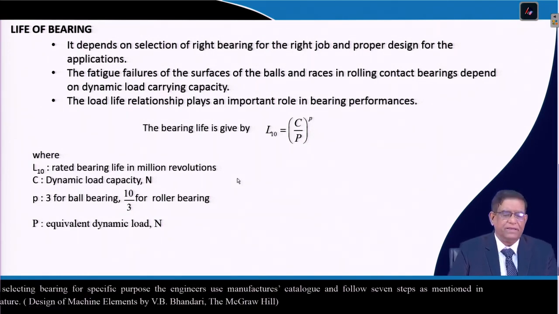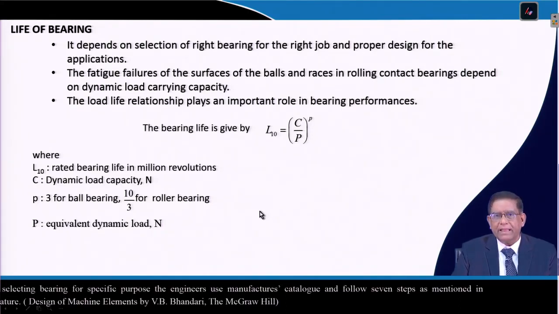The life of a bearing is affected by the dynamic load capacity, and it will be different for ball bearings and roller bearings. Normally, the life of a roller bearing is slightly higher, because the exponent p is given as 10/3 here. The ratio of the dynamic load capacity to the equivalent dynamic load is related to the life of the bearing.